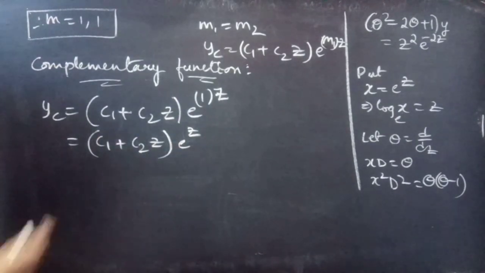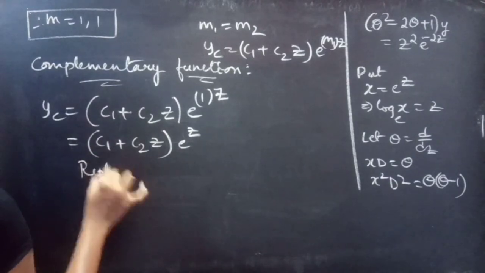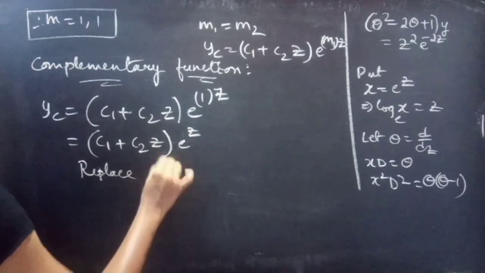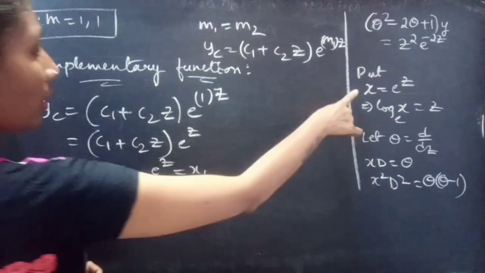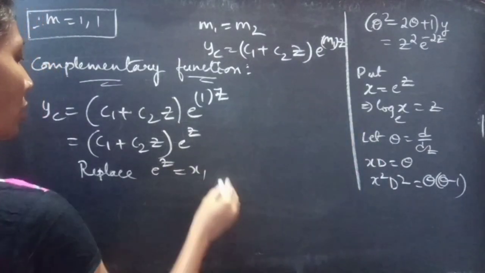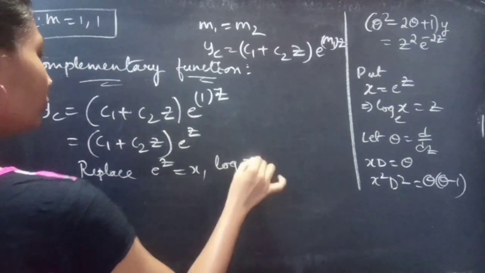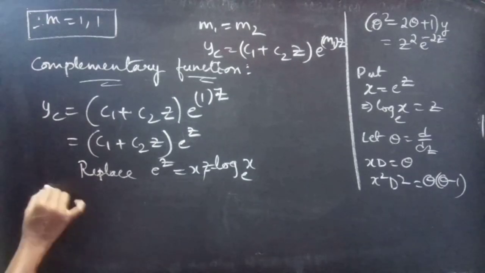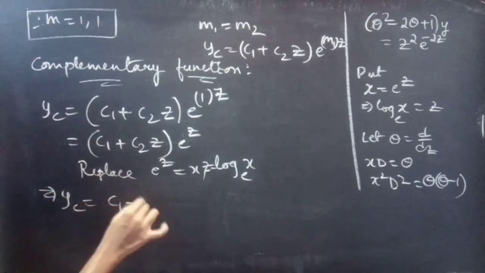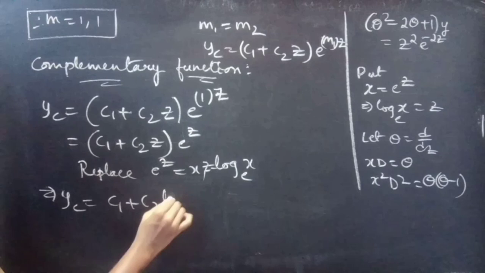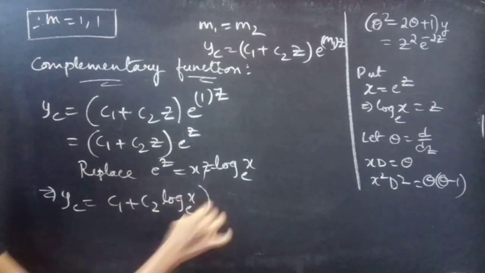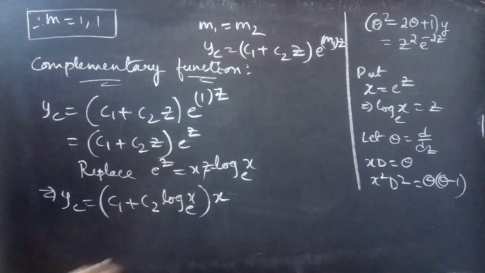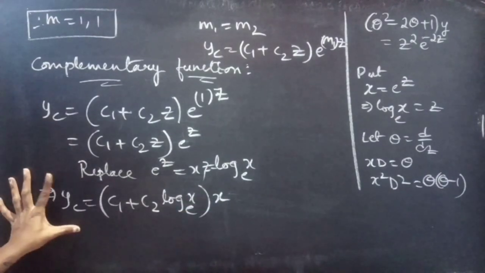So what we'll do, we'll just replace e power z by x and z by log x. Then yc becomes (c1 plus c2 into log x to the base e) into, replace e power z by x, we'll get into x. So this is the required yc.